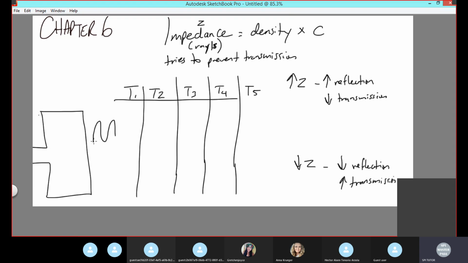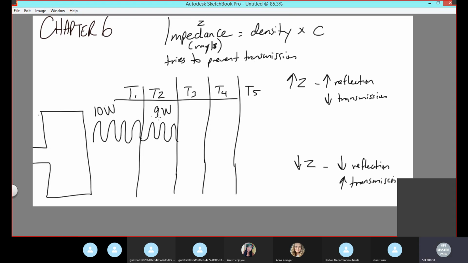I send out a wave. That wave is 10 watts strong. Okay, this wave travels from tissue 1 to tissue 2, and it has transmission. It keeps going. Now, my transmission here is 9 watts. So I started out at 10.